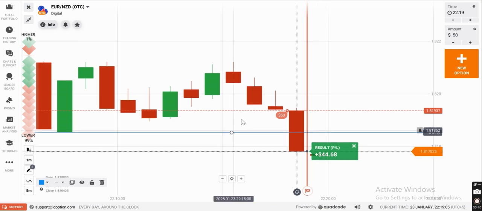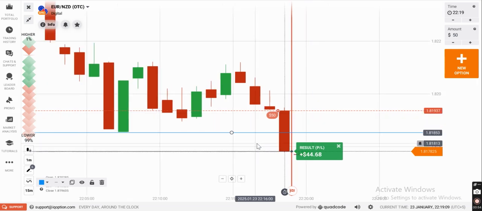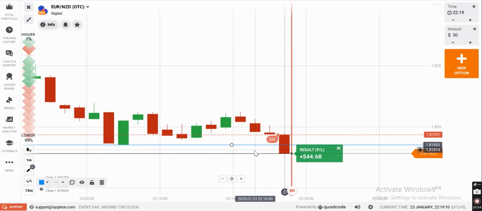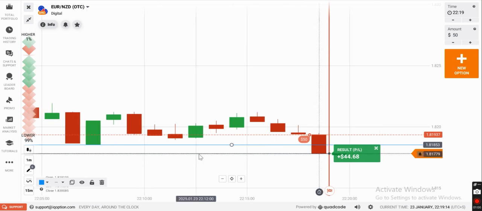So this is the way we can take trades efficiently. Right now, again, I want to explain the main point of why I took this trade.